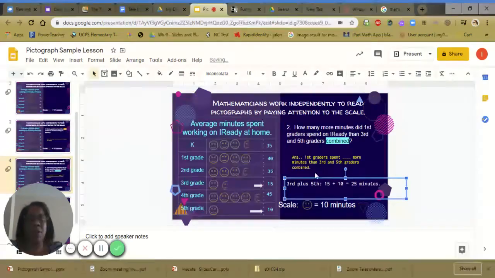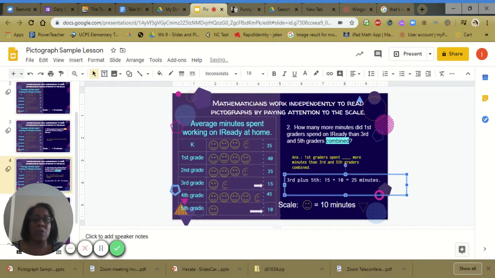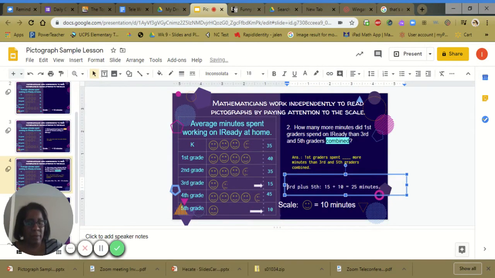Okay. So third plus fifth is 25. And then when I look at first grade again, it has a total of 40. So now I need to find the difference between first grade and third and fifth combined.